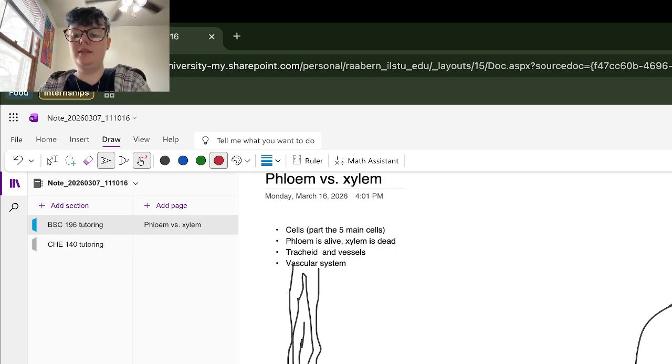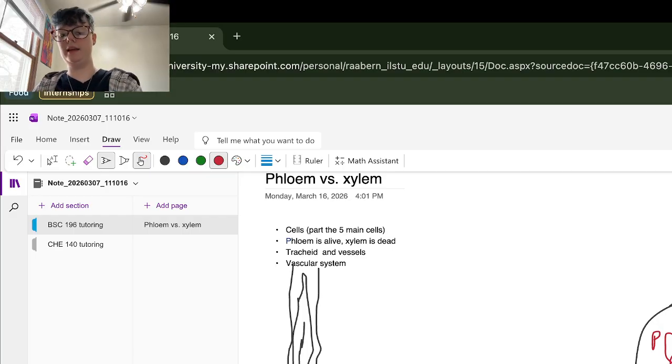But then within the pith, there's going to be these almost oval shaped things. So this side's going to be the phloem, and then in the pith is going to be the xylem. And they're both separated by this line here. So P stands for phloem, and then X, which you can't unfortunately see that well, stands for xylem.